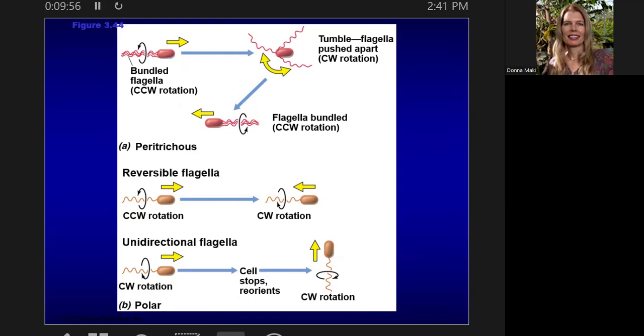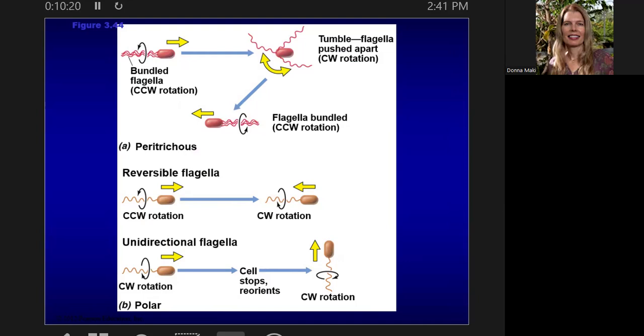I need you to know this word, both in lecture and lab. Peritrichous is when you have many, many flagella pasted across your whole rod shape. So E. coli is like that. And then there's some bacteria that just have one flagellum at one end. You can see that counterclockwise will push them forward.